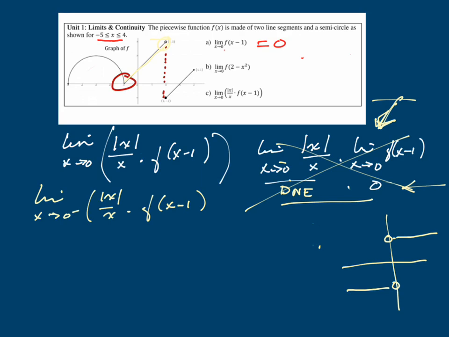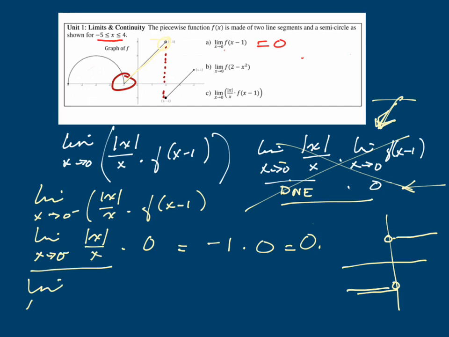If you break it up, it's the limit as x approaches 0 from the left of the absolute value of x over x times, and remember this was equal to 0 for both of them, so that would be times 0. This limit as x approaches 0 from the left is negative 1. So you have negative 1 times 0, which is 0.